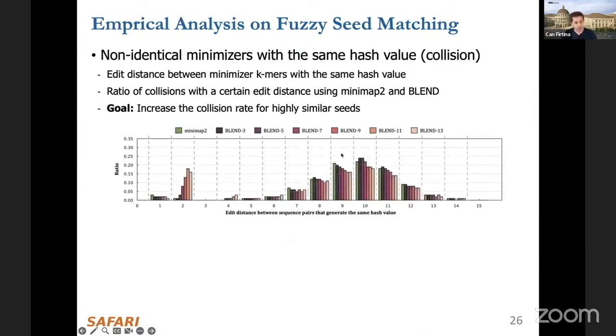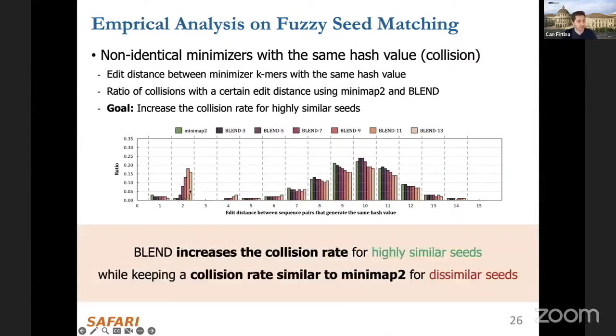We still have, of course, collisions in the case of blend for dissimilar seeds, and those collision ratios are pretty similar to Minimap2. But what's different is that we also increase the collision rate, specifically for edit distance 2, which tells us that we're generating the same hash value for highly similar seeds.